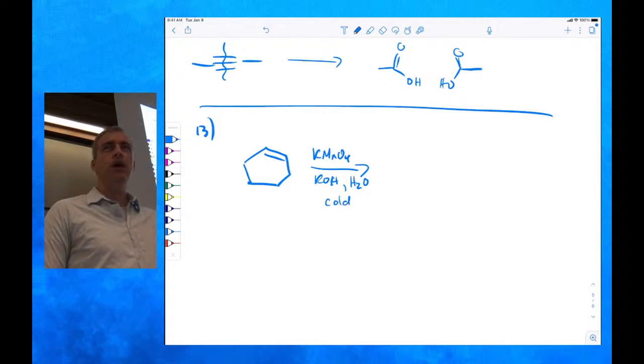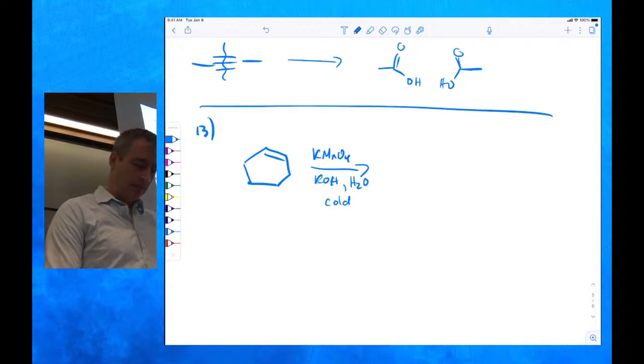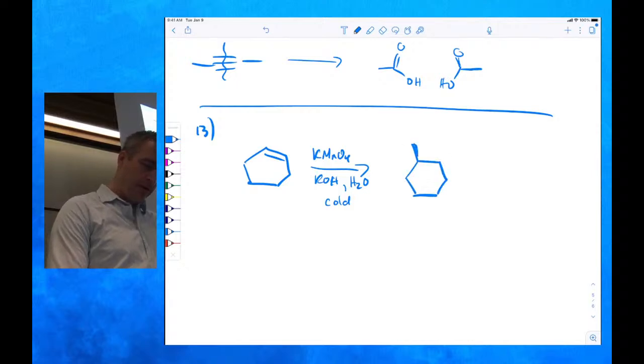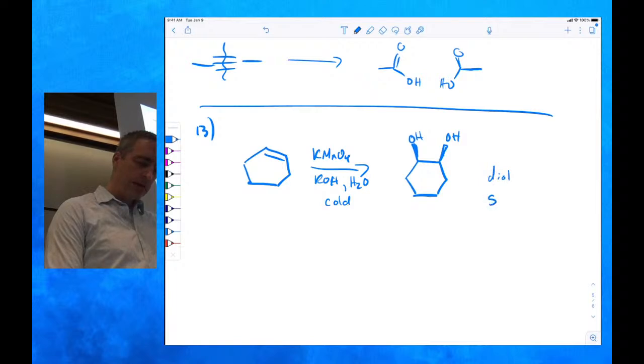If you keep it cold on ice, for example, so it never gets too hot, instead of ripping the thing apart like before, what it will do is make a diol. And the reaction is syn.